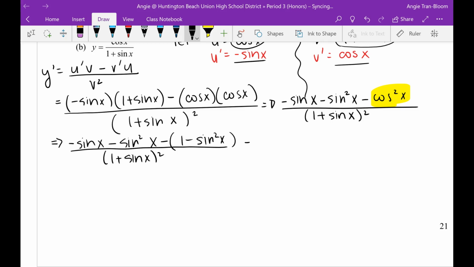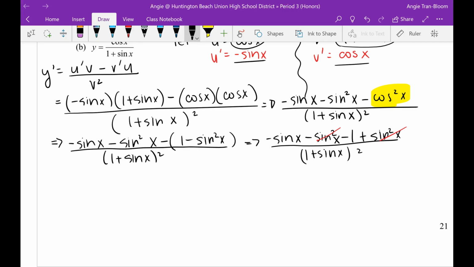Keep on going: negative sine of x minus sine squared of x minus 1 plus sine squared of x, all over 1 plus sine of x, and then squared on the outside. It looks like I can cancel these sine squared terms. So right now, those are gone.